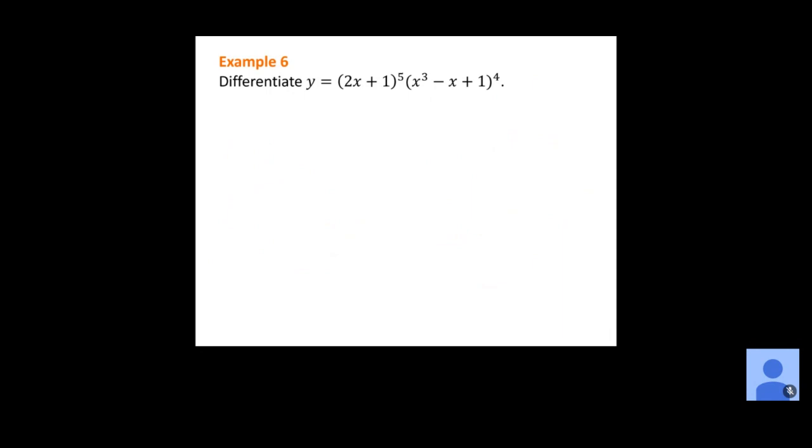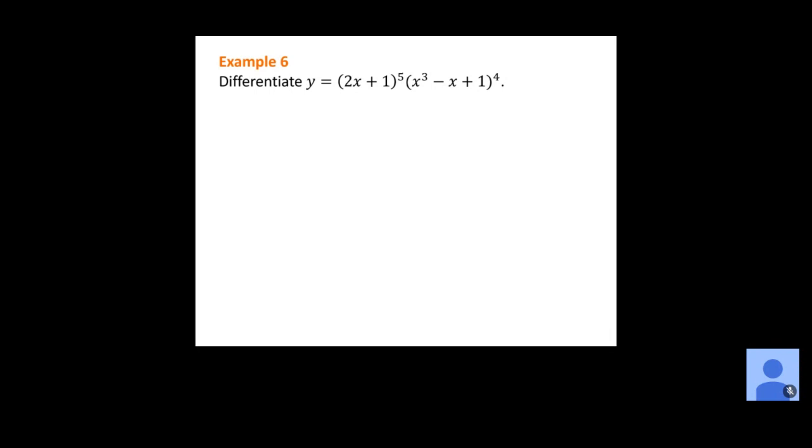All right, so how are we going to do this one? So what rule or rules are going to be involved this time?